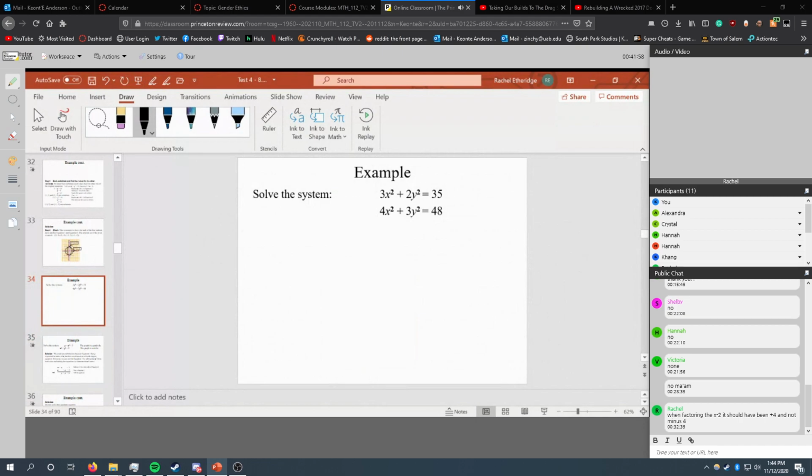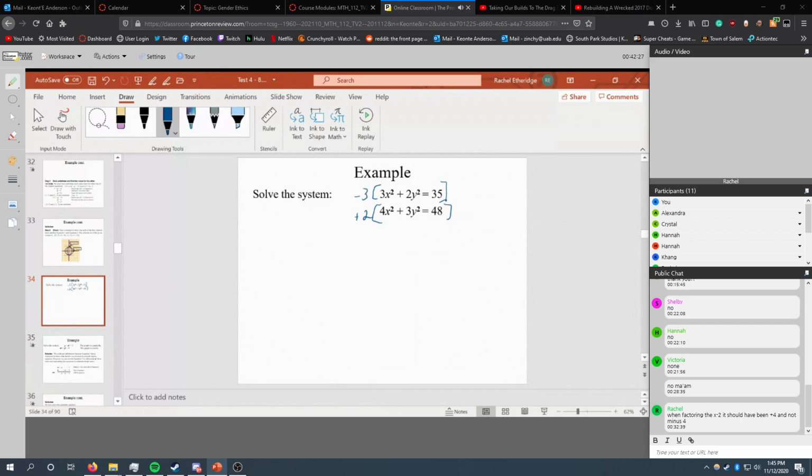So my suggestion would be to multiply maybe this equation by -3, and maybe this equation by +2. That's what I'm trying to decide, but I think that's what I would do.